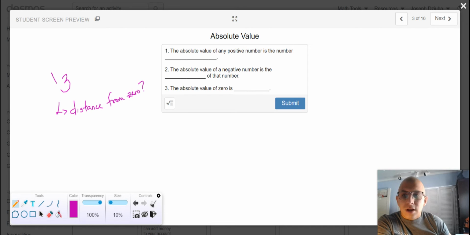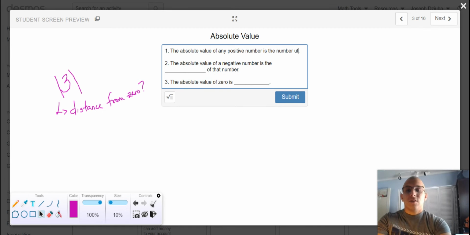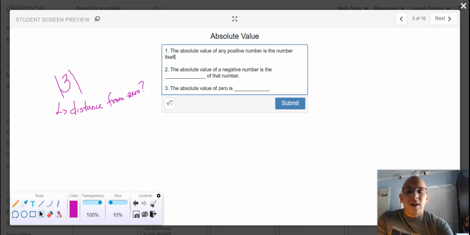In case you forgot, oops, that's a terrible absolute value sign, but it gets the job done. An absolute value is those two vertical bars. So the absolute value of any positive number, if we're talking distance from 0, is simply the number itself. And the absolute value of any negative number is the opposite of that number.